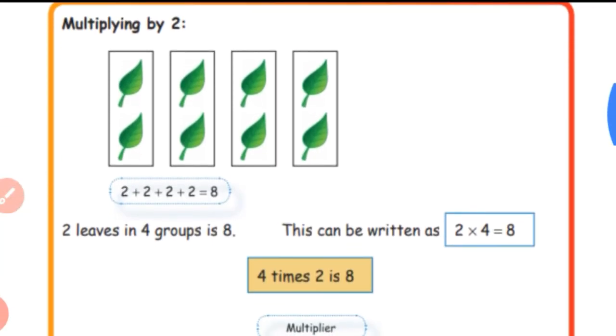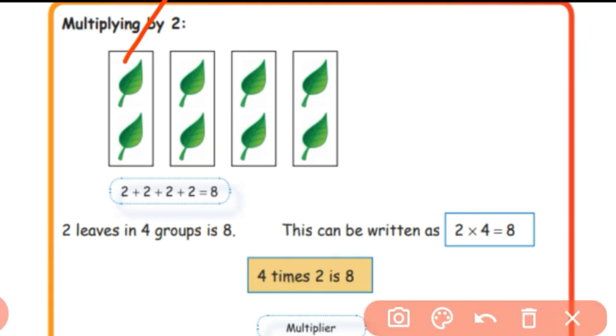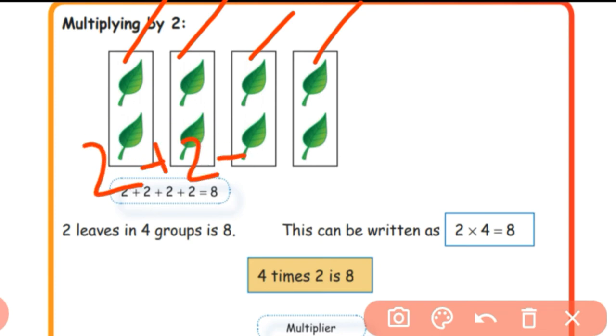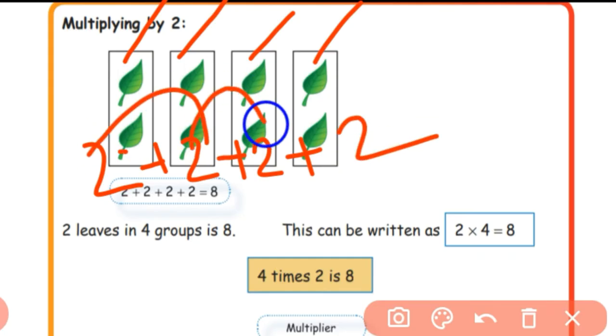Next one, multiplying by 2. Here we have 4 groups, 1, 2, 3, 4. Each group has 2 leaves. 2 plus 2 plus 2 plus 2, 2 plus 2, 4, 4 plus 2, 6, 6 plus 2, 8. So, total number of leaves is 8.